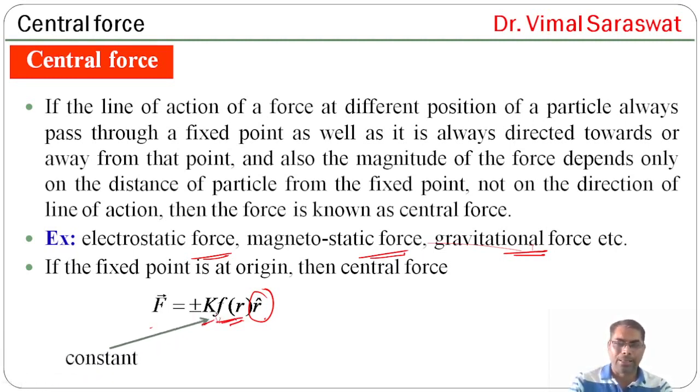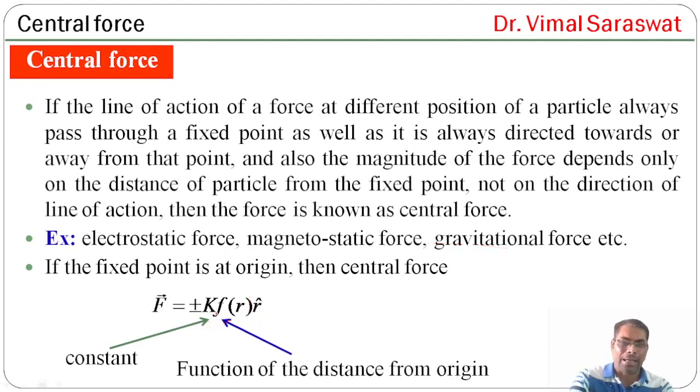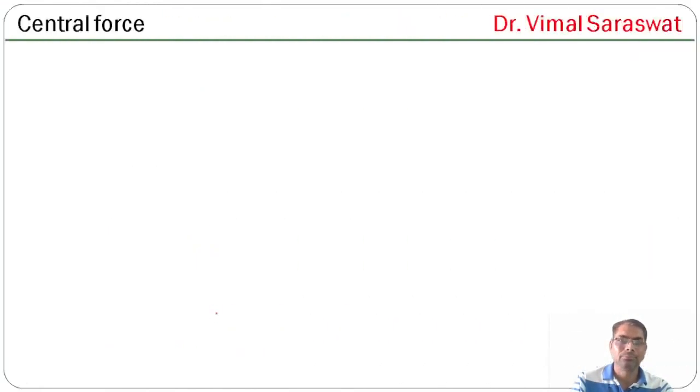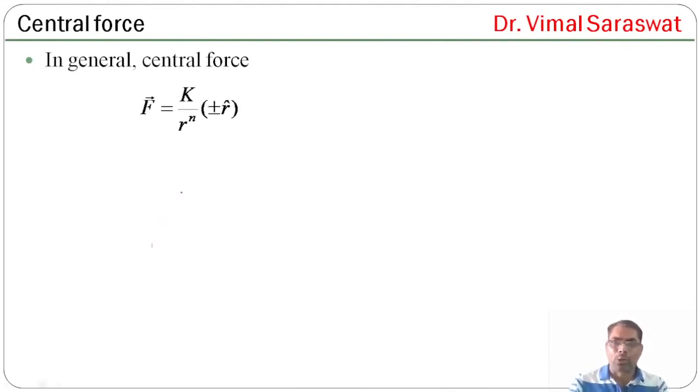Here K is a constant, f(r) is any function of the distance from the origin, and r cap is our unit vector. In general, central force is given by F equal to K upon r raised to n, plus minus r cap. This plus minus is due to force of attraction or repulsion.